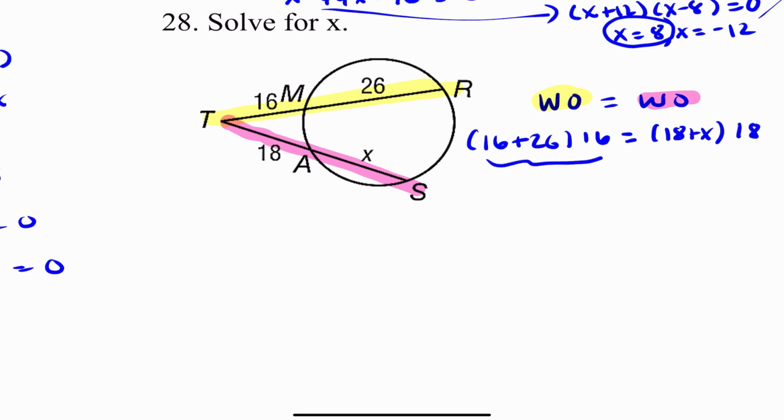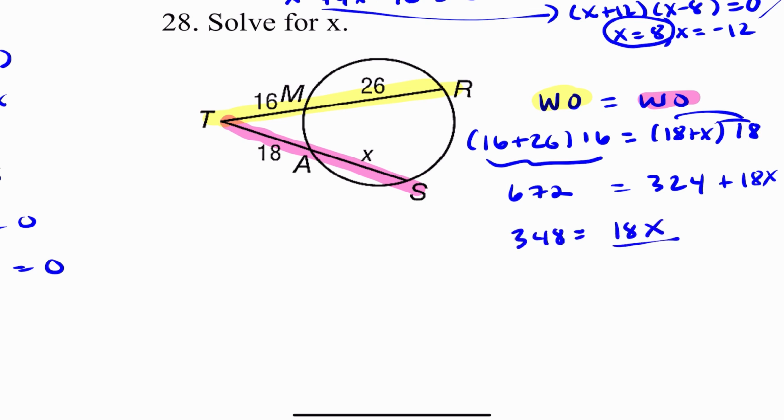So if I put this in my calculator, it's 672, which is equal to, distribute, that's going to be 324. Sorry, no, that's 324 plus 18x. Now subtract both sides by 324, you get 348 equals 18x, and then I'm going to divide both sides by 18.